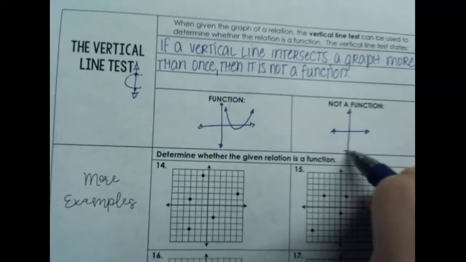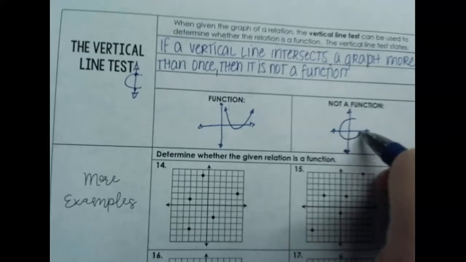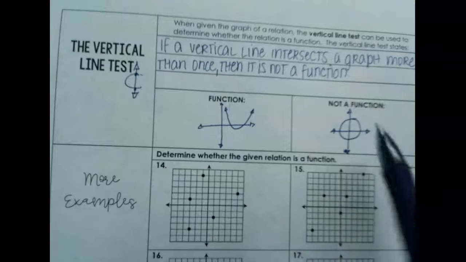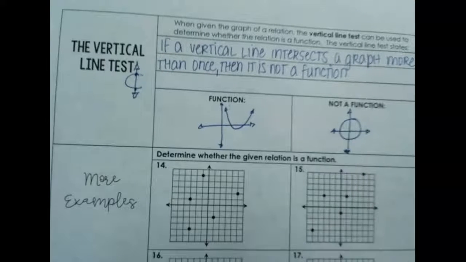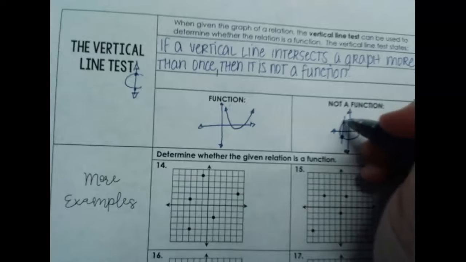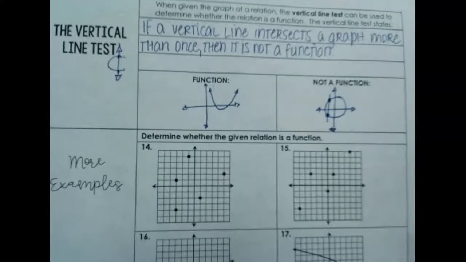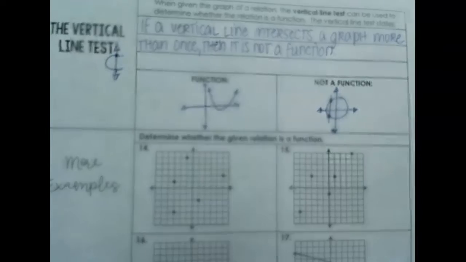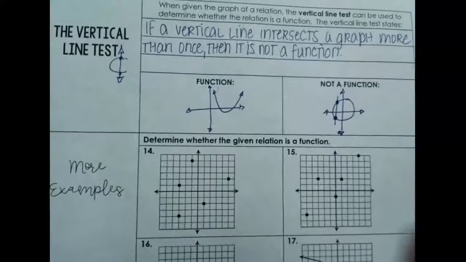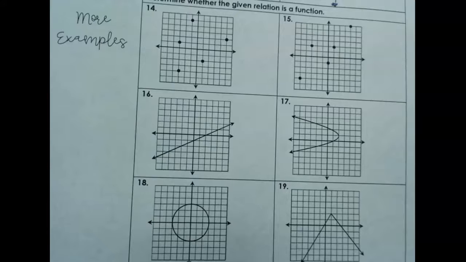And then for not a function, I'm going to give you a circle, because if I scan my pencil across, like a vertical line, it's going to hit more than one spot. That means these guys are sharing the same x value, and that's not okay when you're trying to have a function.